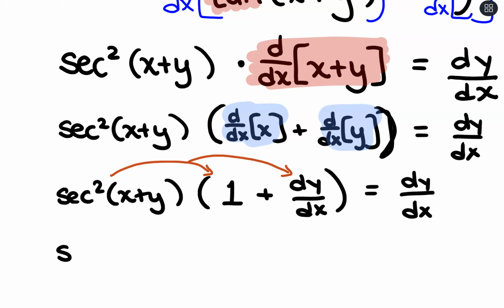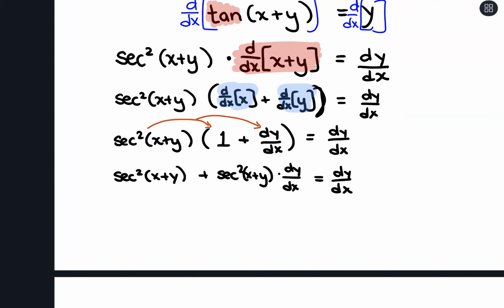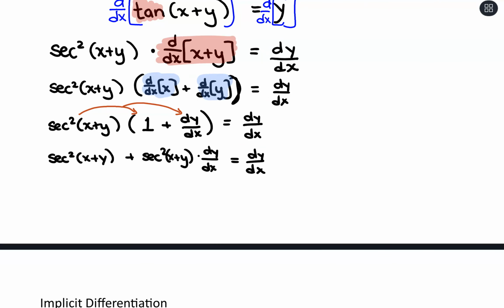So we'll have 1 times secant squared of x plus y, plus secant squared of x plus y times dy dx. And now what we want to do is, if you see dy dx on two separate sides of the equation, so like we have one on the right-hand side, one on the left-hand side, we want to group those terms on the same side of the equation.